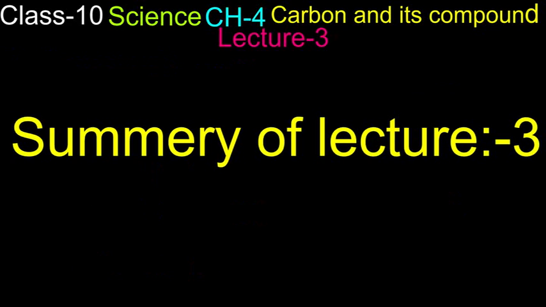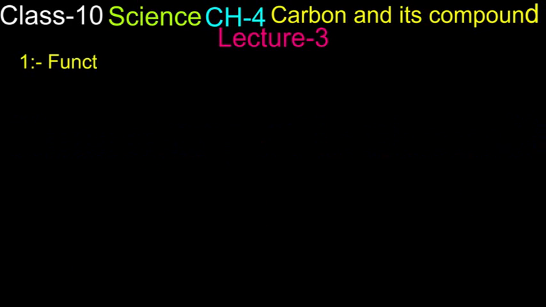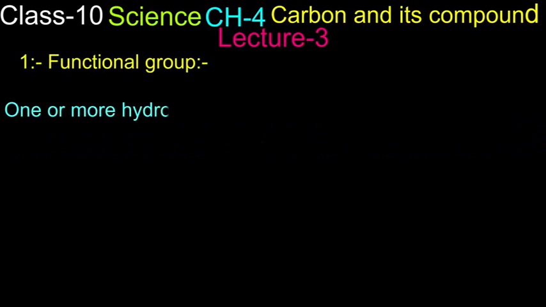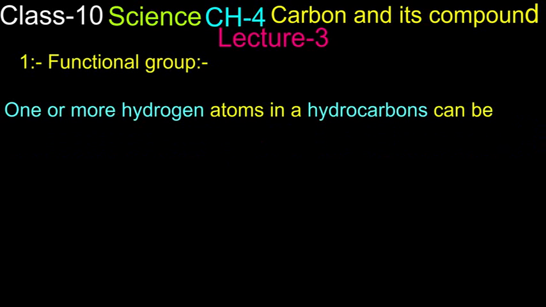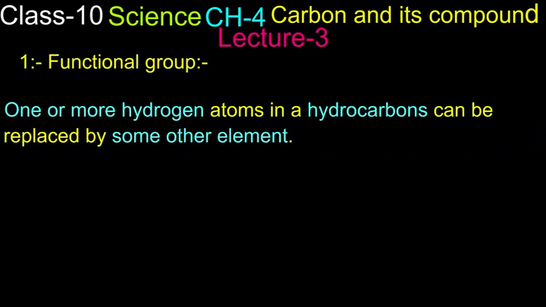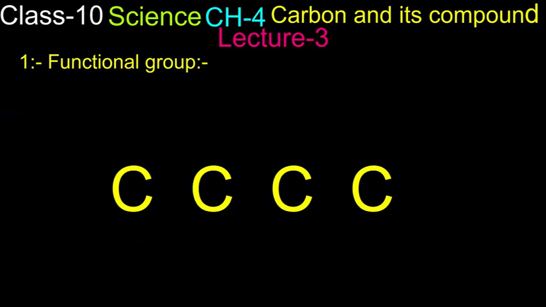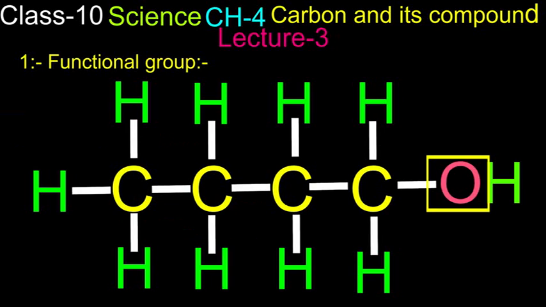In the end, let us summarize what we have learned today. First, we learned about the functional groups. One or more hydrogen atoms in a hydrocarbon can be replaced by some other element, for example, halogen or oxygen. Such an atom different than hydrogen is called a heteroatom.